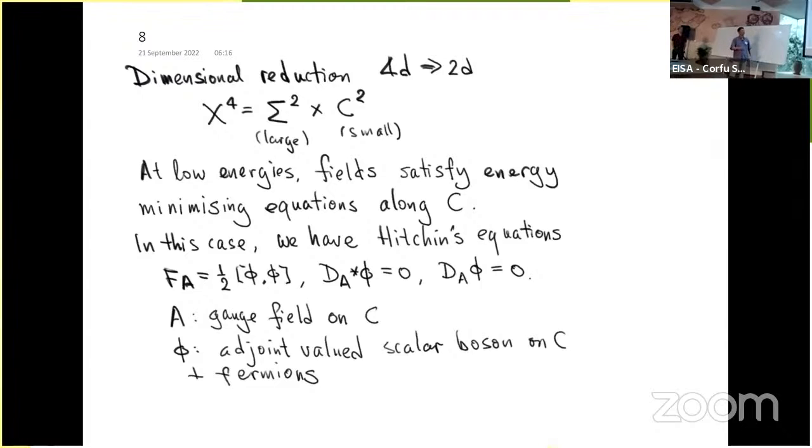So here, where does the scalar one-form field phi come from? It comes from the components of the gauge field in the C2 direction, whereas the component of the gauge field in the world sheet direction continue to become gauge field in the low energy theory.